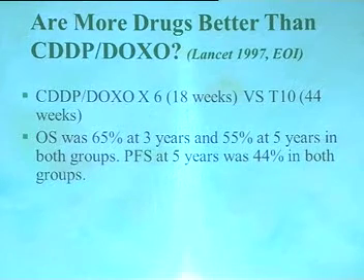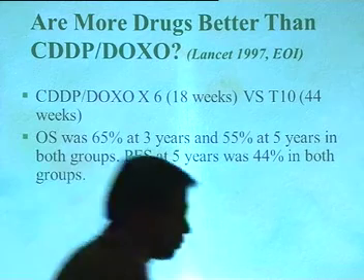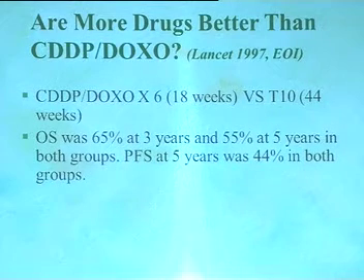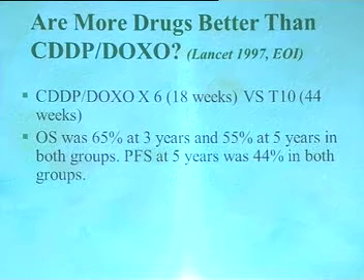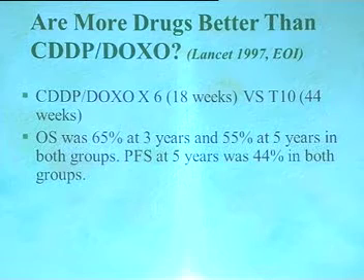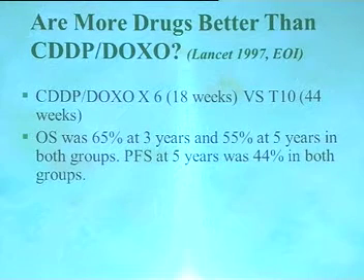Then the European Osteosarcoma Intergroup did a trial to see if just two drugs, cisplatinum and doxorubicin, were better or worse than the more complicated T10 protocol. So the cisplatinum-ADRIA was over 18 weeks versus the 44-week protocol of T10.